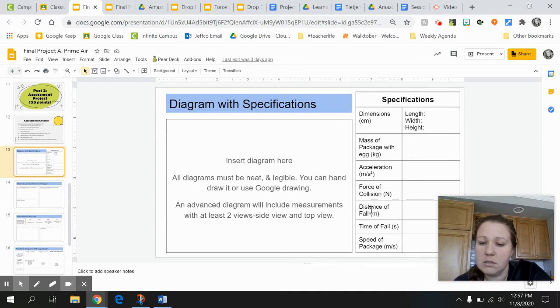That should be in meters. Time of fall, right? You either videoed it or hopefully used a stopwatch to see how long it took to fall that height or that distance, and then you'll use both of those numbers to find the speed of your package. Okay, so that's the first slide.